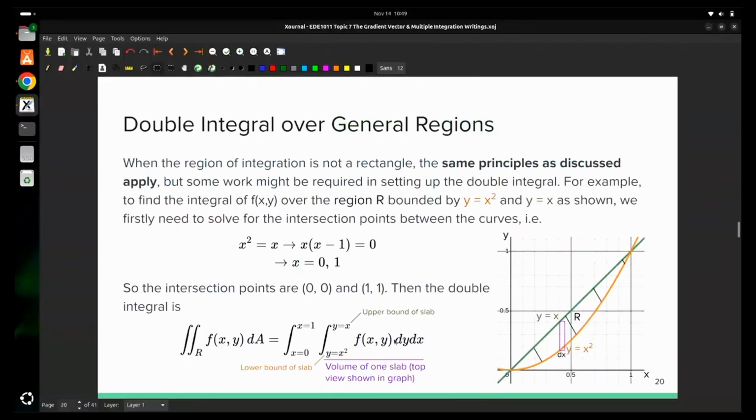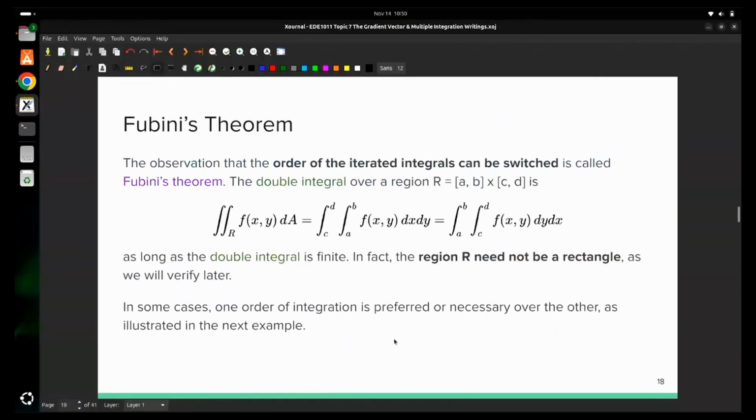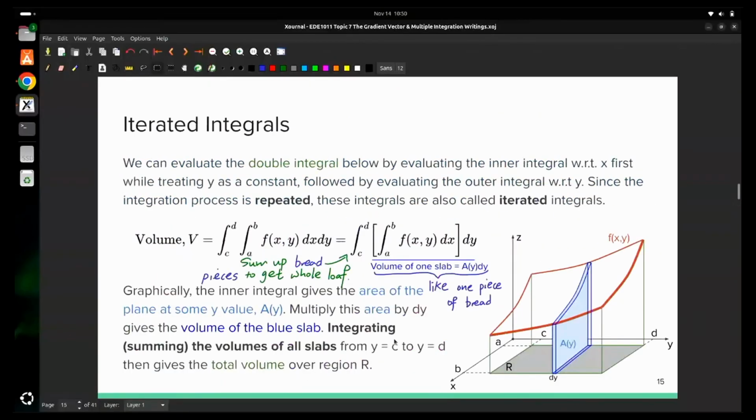Okay, so now we are going to up the notch a little bit on the region of integration. So far, you have seen regions that are rectangular. For example, like this one that we showed here, you can see that the region R of integration is rectangular. So x limits are constants, y limits are constants.